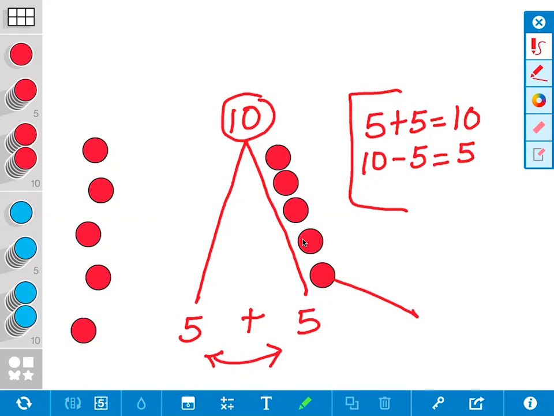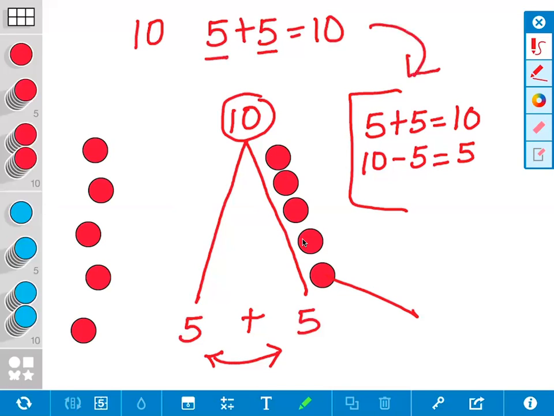If it is a number that has equal partners like 10, which has 5 plus 5 equals 10, you're only going to get two equations, one addition and one subtraction.